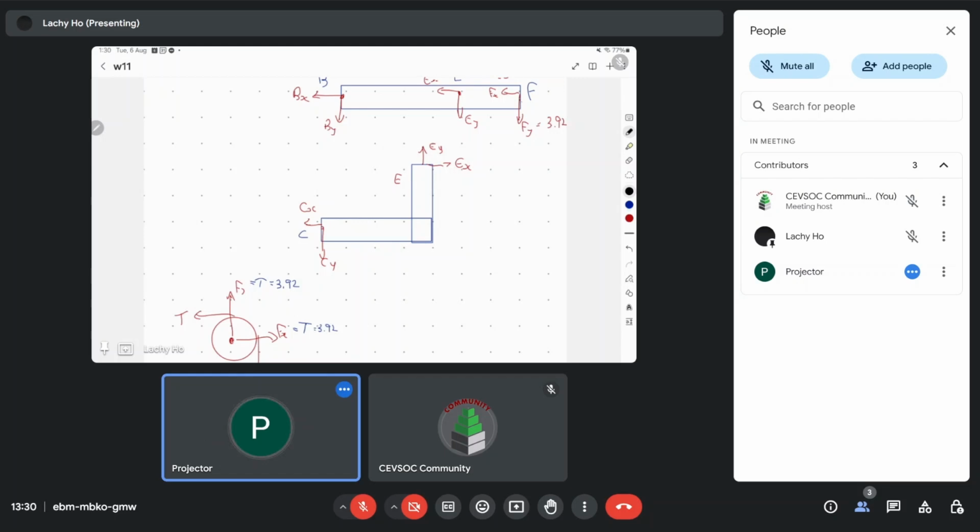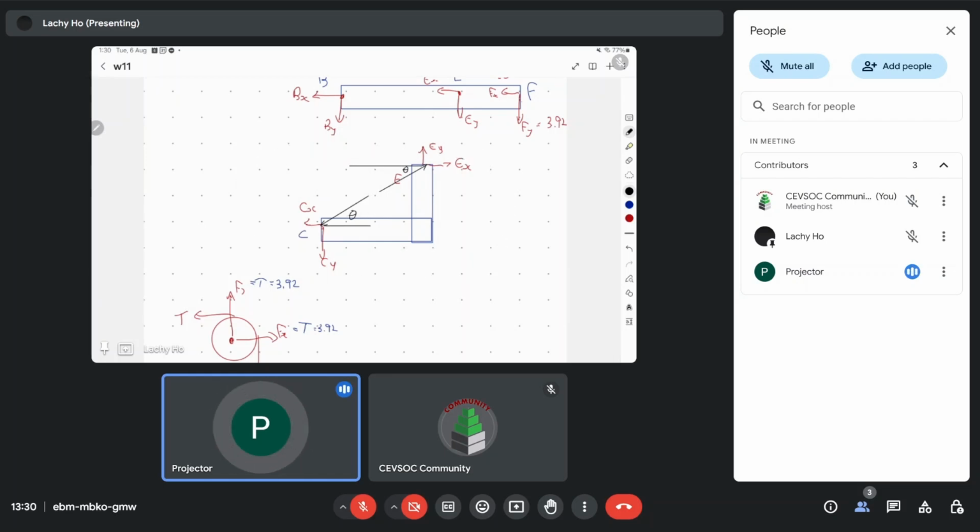And so that means CX can be represented as a force like this, and EY can be represented as a force like this. And they have to travel through each other, which means we can figure out what angle they have to exist at just by looking at this diagram.